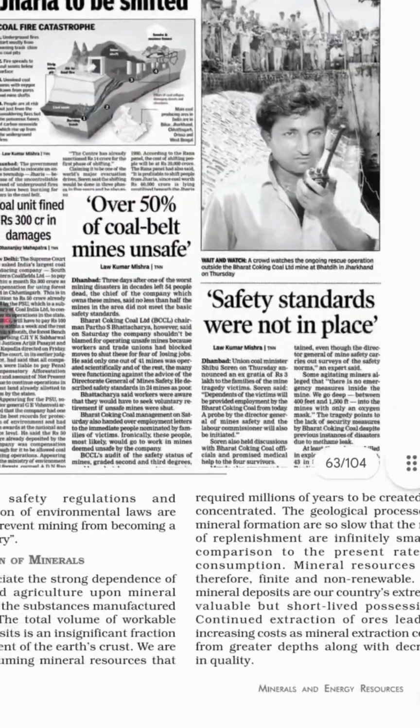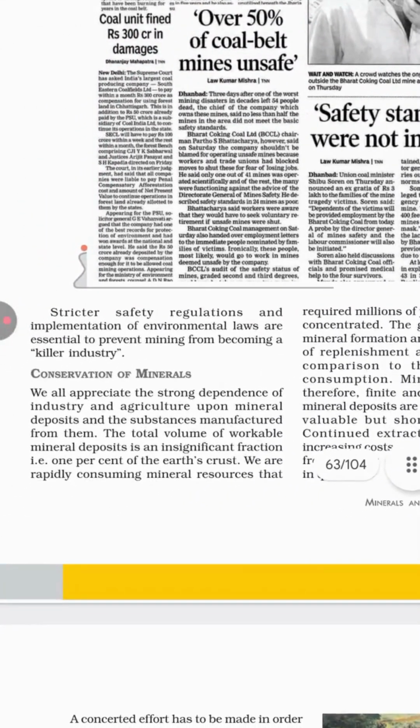Now you will see that conservation of minerals is needed. Yes, they are renewed, but please always remember, nature is renewing the minerals at a very slow pace, at its own pace. I'm not saying slow or fast. Nature has its own time, but we are consuming the minerals at a much faster rate.